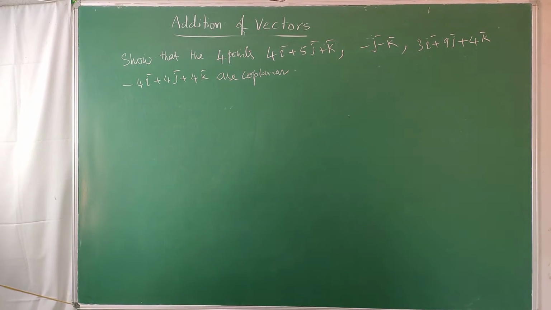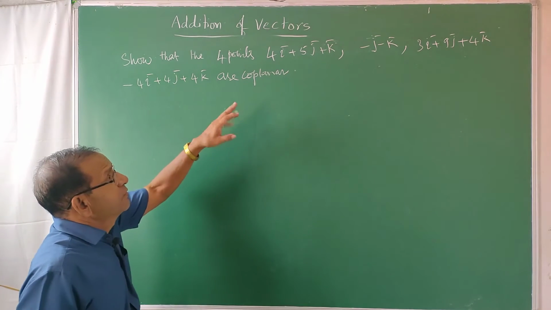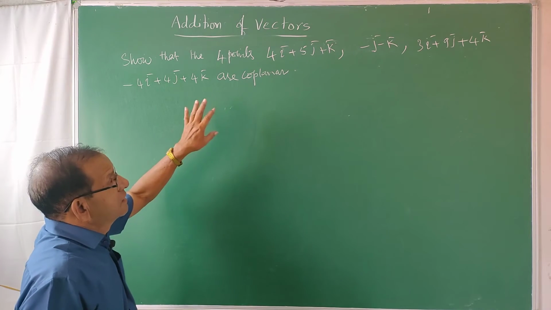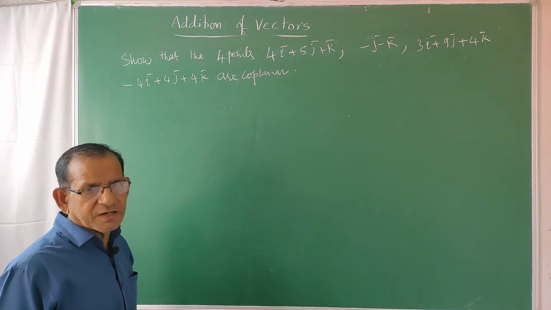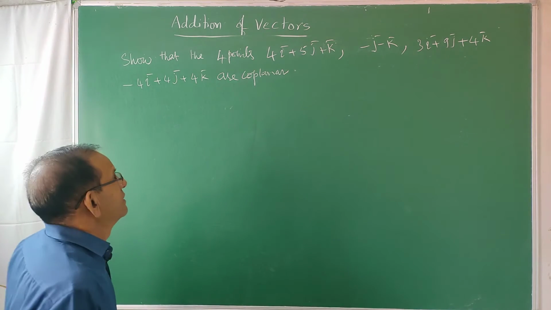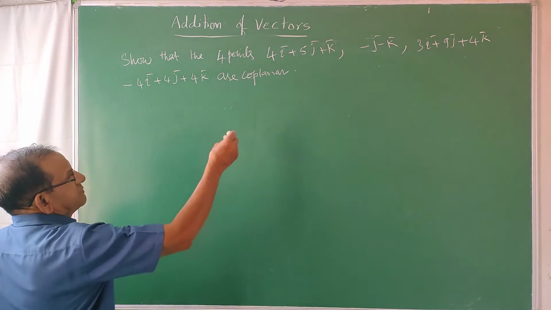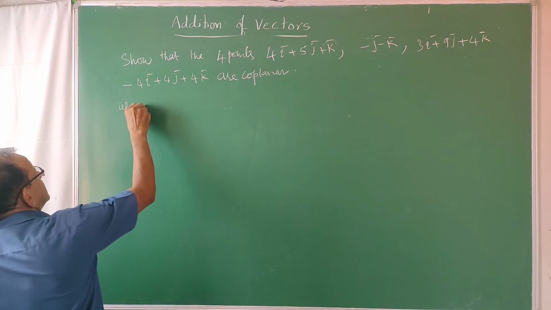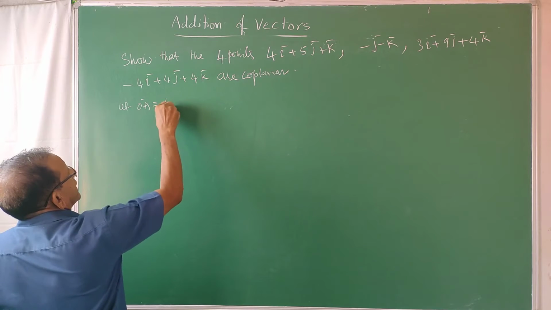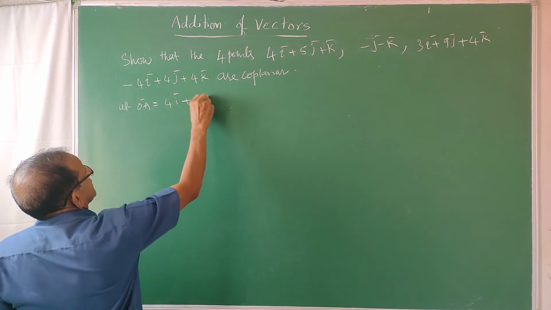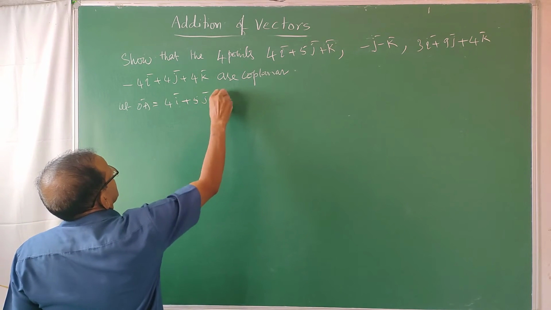Now see this question. Here there are 4 points given, and we have to show that those 4 points lie on the same plane, meaning they must be coplanar. Now let us take them as A, B, C, D. Let OA bar be equal to 4i plus 5j plus k bar.